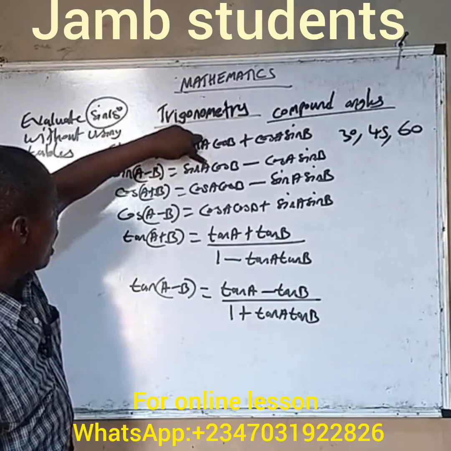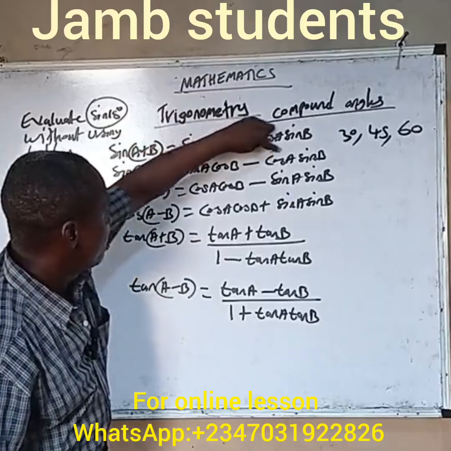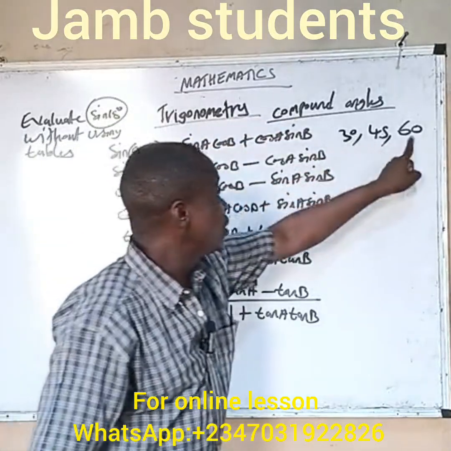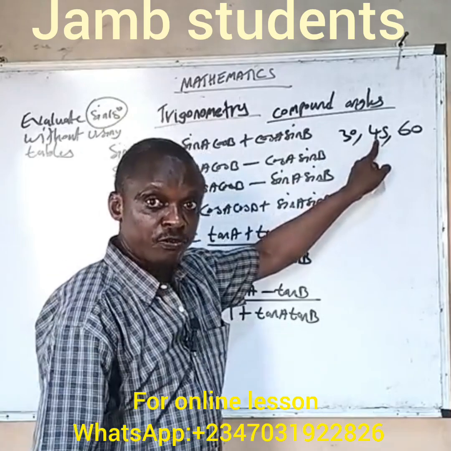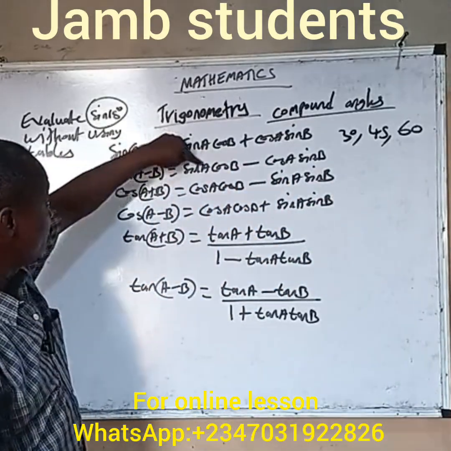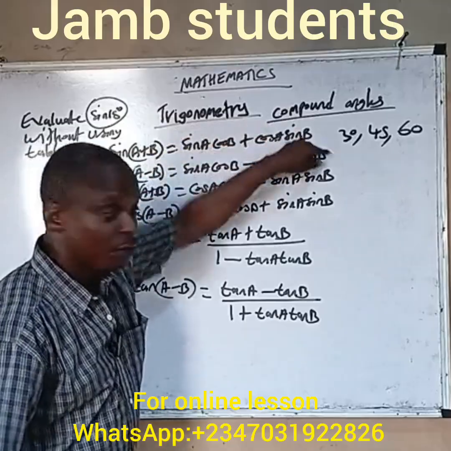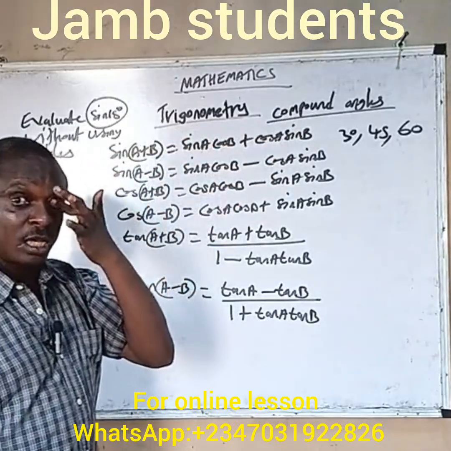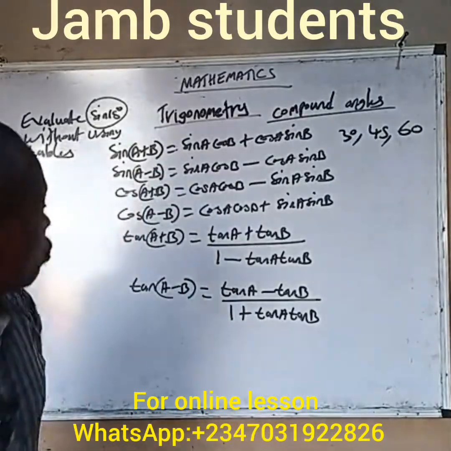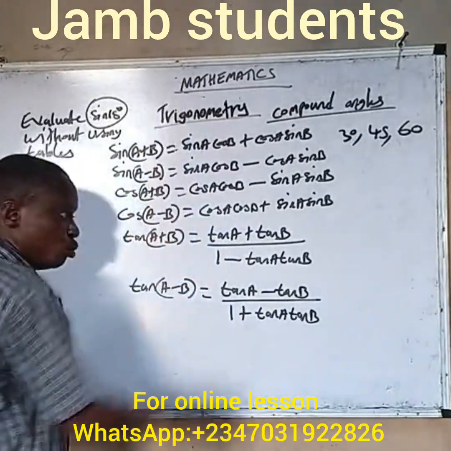So anywhere I see A, I will put 45, and B, 30. 60 minus 45 will also give us 15, so I can still use 60 and 45. You will still get the same answer with that. So quickly, let us just solve this and see what will happen. You need to know this as you know your name.